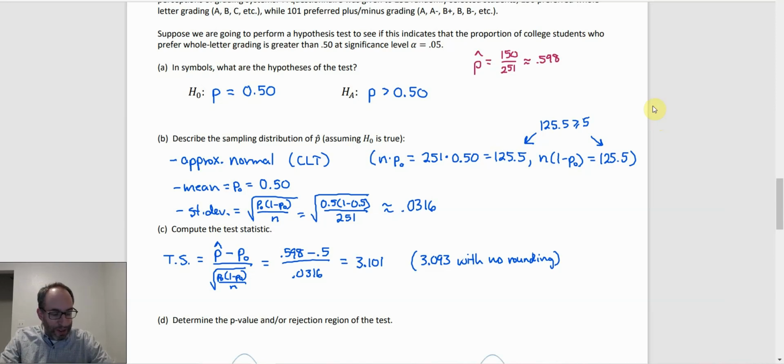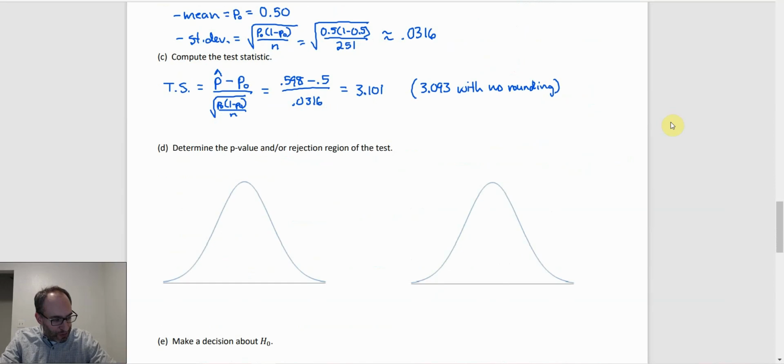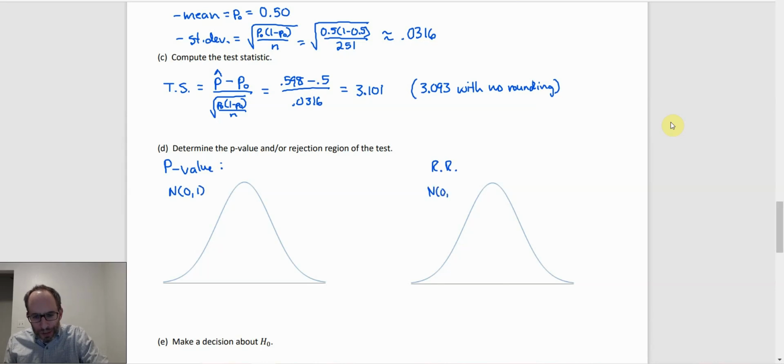But then let's see, the p-value and or rejection region. If we're going to get the p-value, I guess that'll be the first picture, and then the rejection region will be the second picture. The distribution you would have to use is the standard normal, so I'm using normal, mean 0, standard deviation of 1. Same thing for the rejection region, actually.